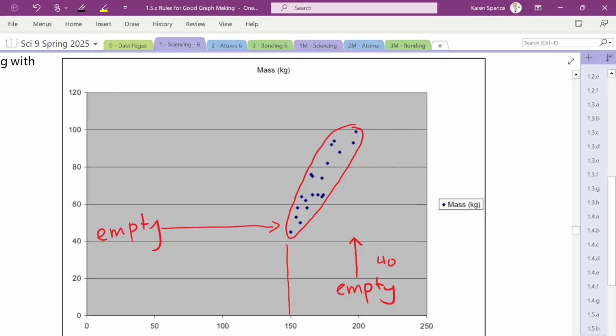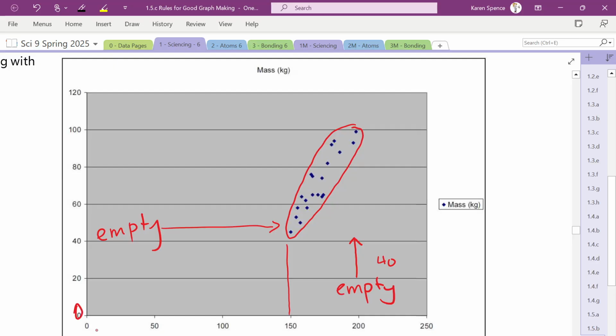So where should we start our graph? Should we start, yes? Yes, for sure. So should we be starting our graph at 0, 0?